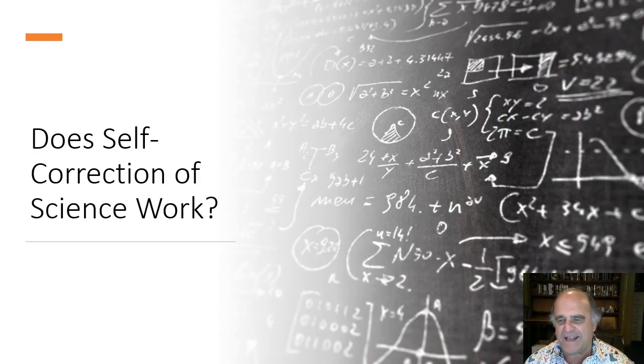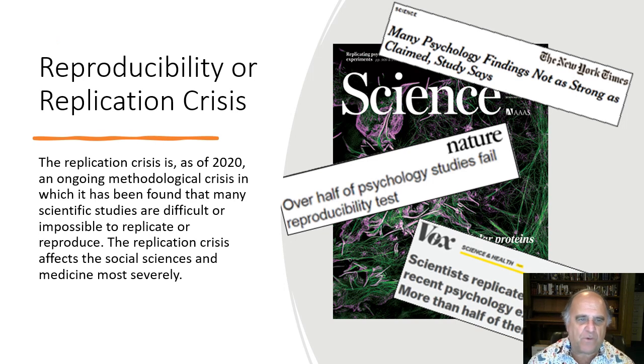So, we can ask, does self-correction of science work? I think a lot of people would say sometimes, but not always. The hallmark of science is self-correction. We hope self-correction works, but it doesn't always work. Some people, of course, see science right now as being in a period of crisis. One marker of that crisis is what's called the reproducibility or replication crisis.